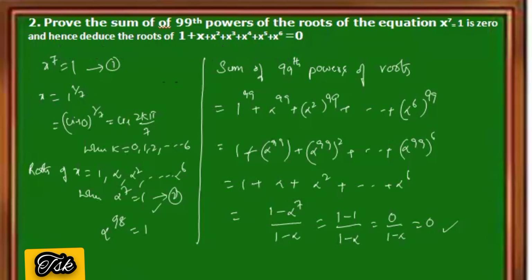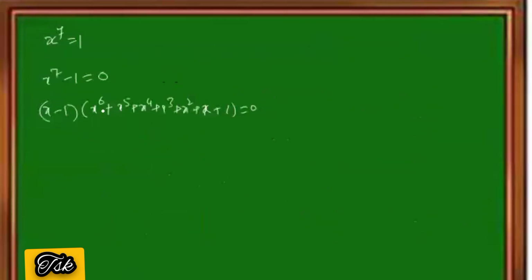Roots are. So let us come here. This is the equation, it is from x power 7. Since it has 7 roots, x is equal to 1 is one root, and the remaining roots lie in x power 6 plus x power 5 plus x power 4 plus x cube plus x square plus x plus 1 is equal to 0. This will have roots as alpha, x is equal to alpha.